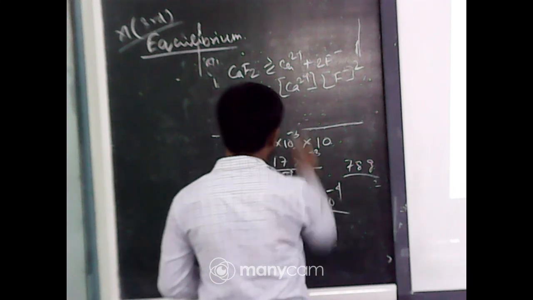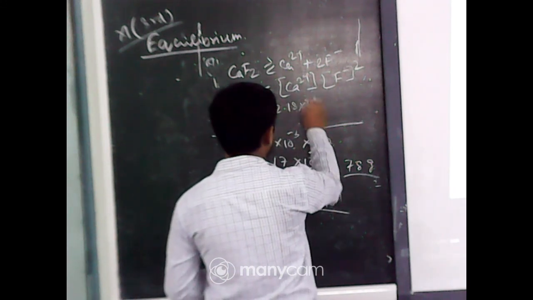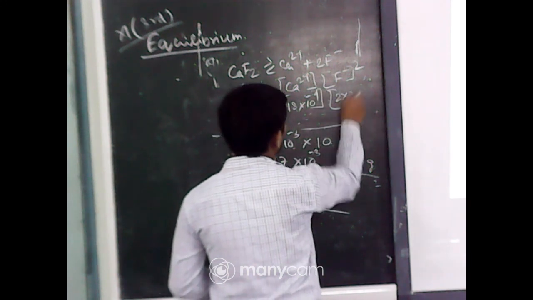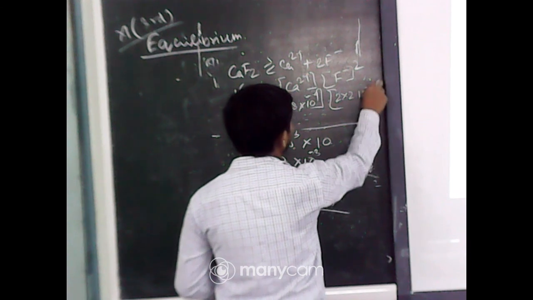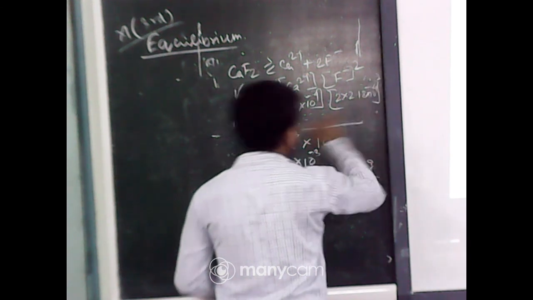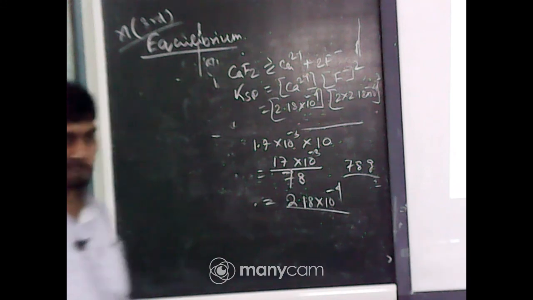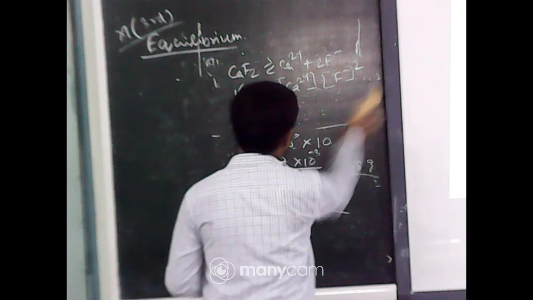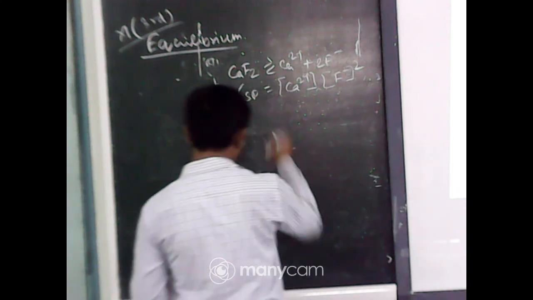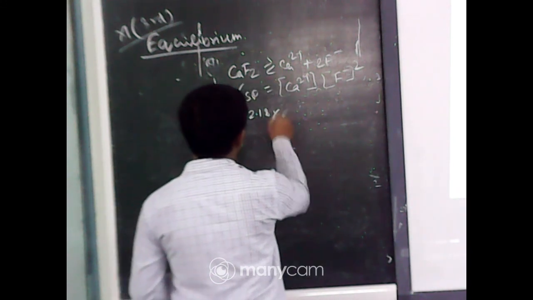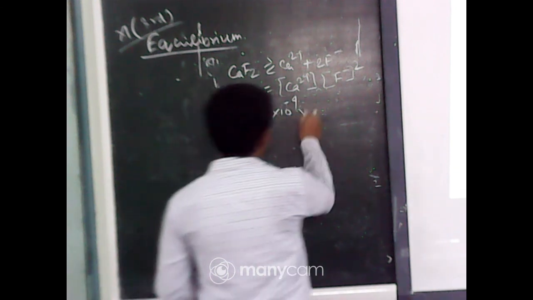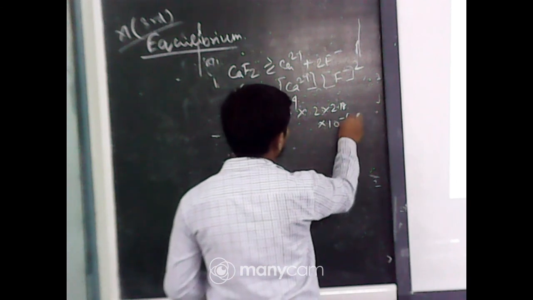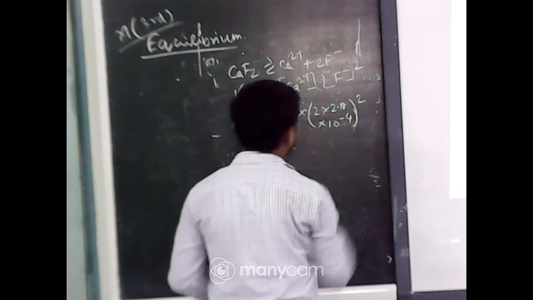Ca2 plus is 2.18 into 10 to the power minus 4, and F minus is 2 into 2.18 into 10 to the power minus 4, squared.